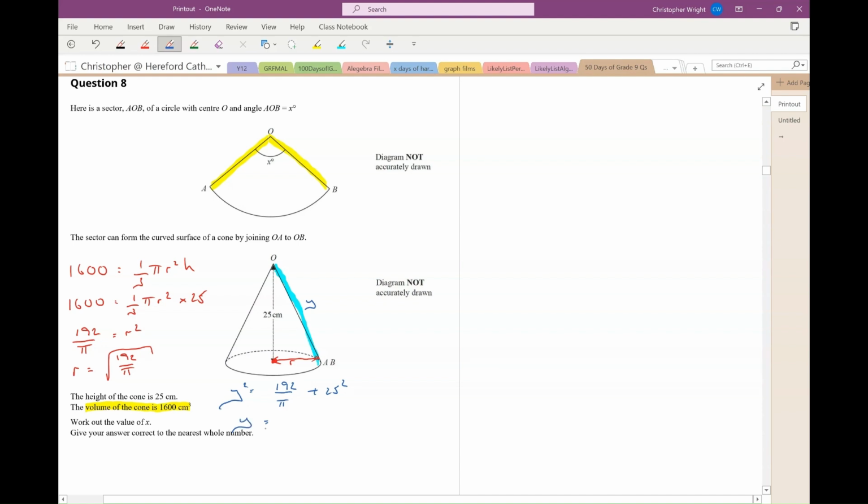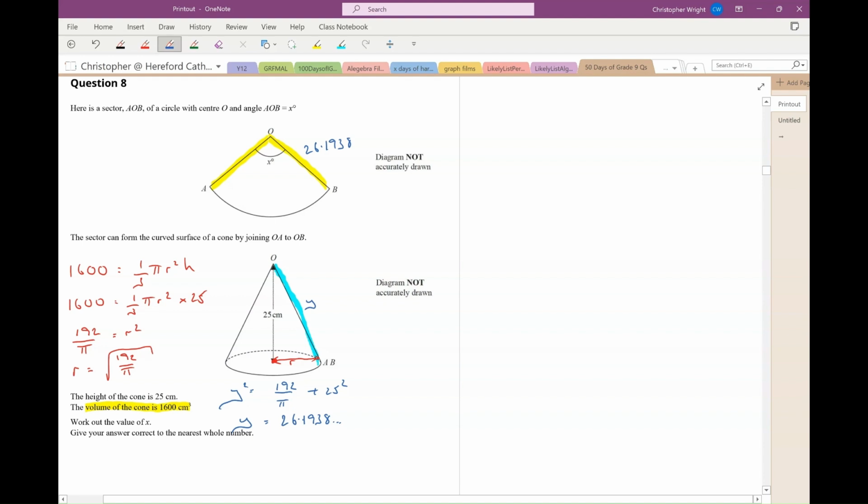And that tells me that y is 26.1938... So that is the length from O to A, which is also the length from O to A and O to B on this diagram up the top.